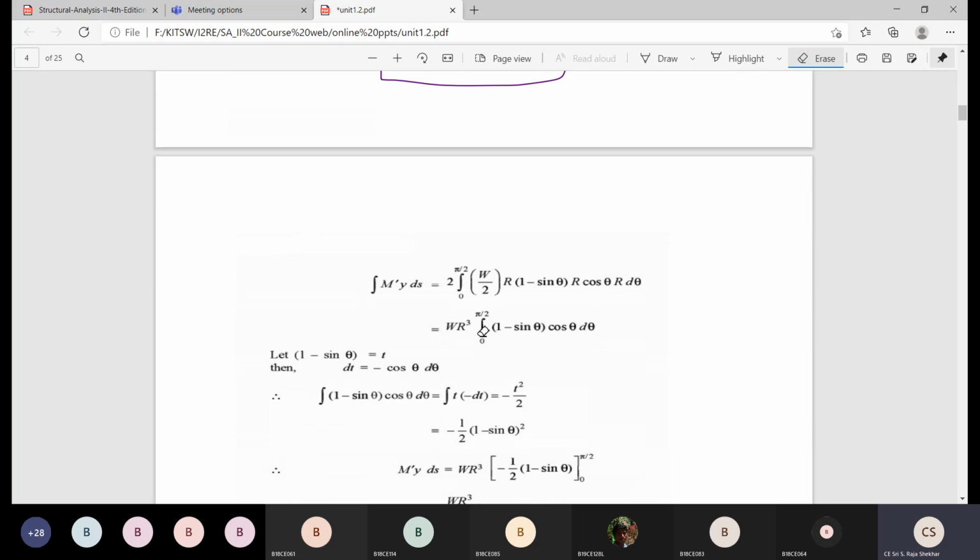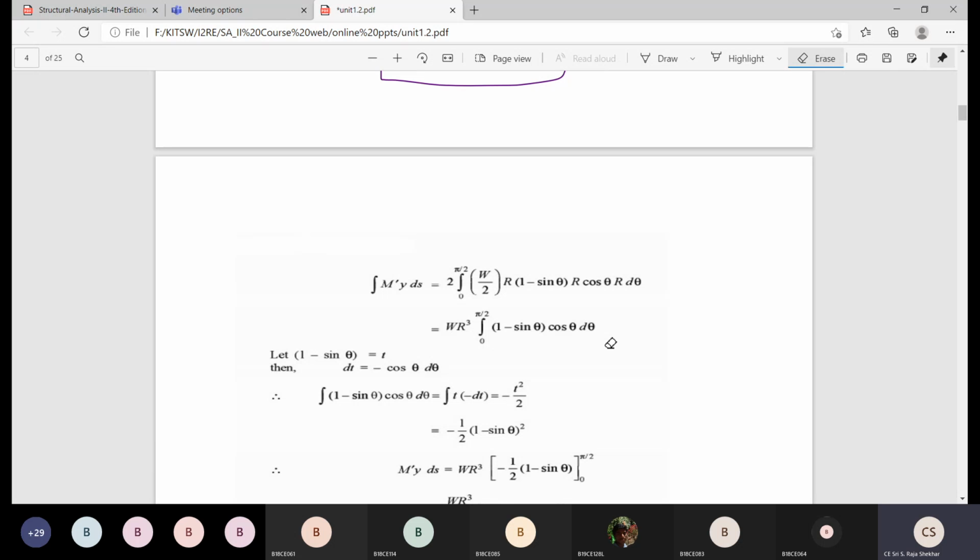W is constant, so all other terms you take outside of the integration. Here we get W r cube, integrating from 0 to pi by 2, of 1 minus sin theta into cos theta d theta.